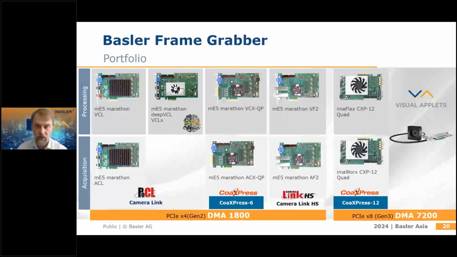As for the DMA transfer, the amount of data you can transfer into the host system, for example for the ImaFlex it can go up to 7.2 gigabytes per second from a single or 4 CoreExpress image sources so far. Of course, we bundle this with our cameras, but we also support third-party cameras when they use one of the supported interfaces like CoreExpress or Camera Link in general.